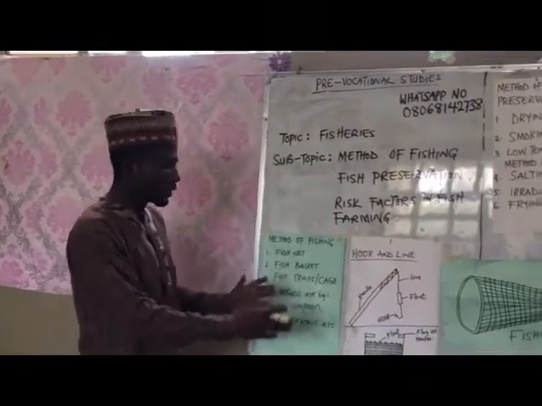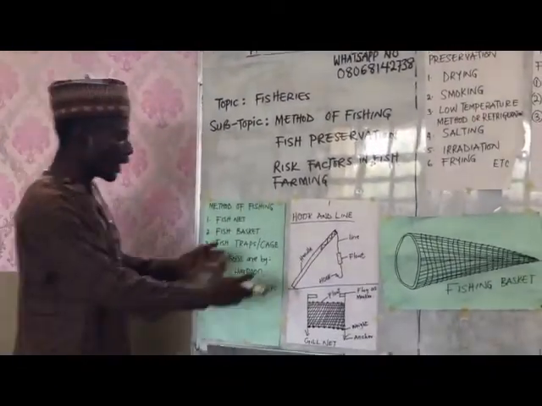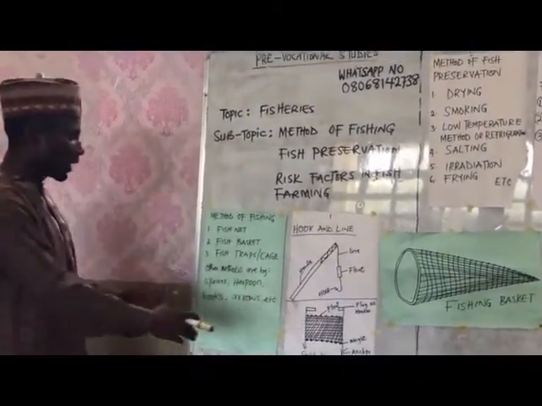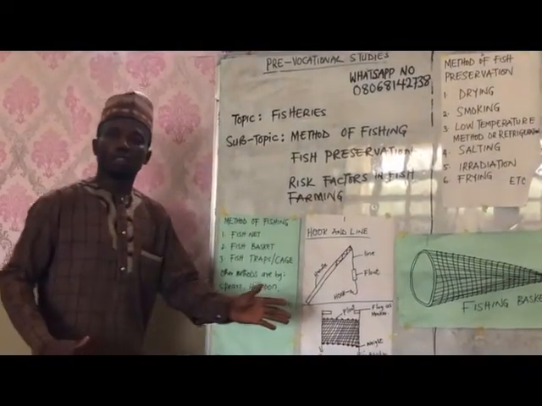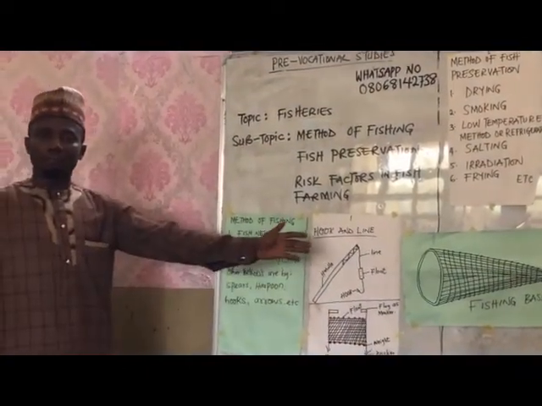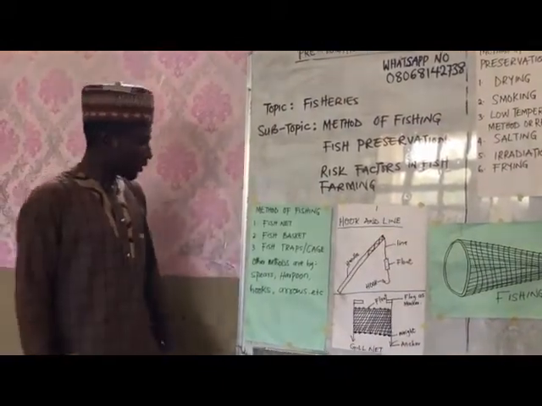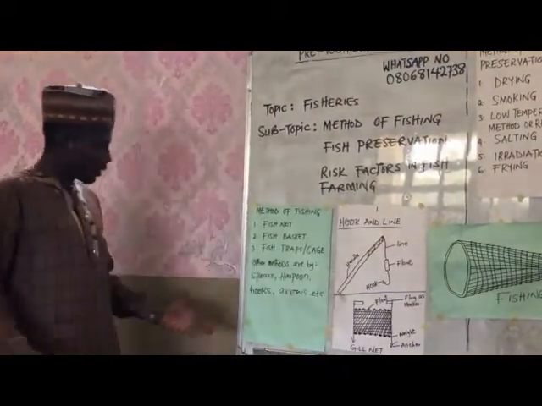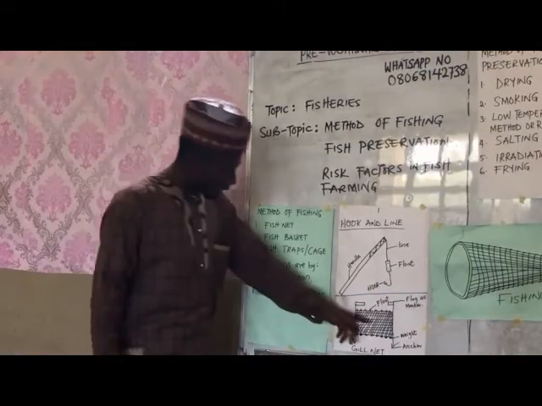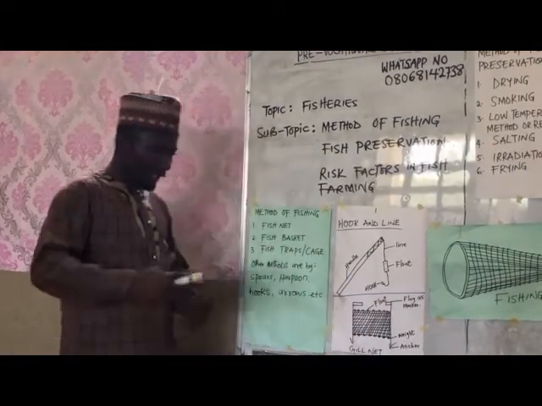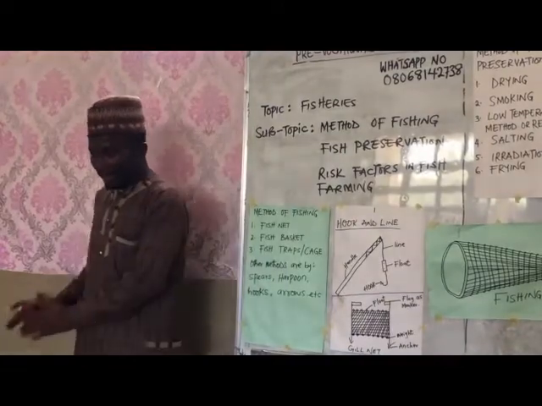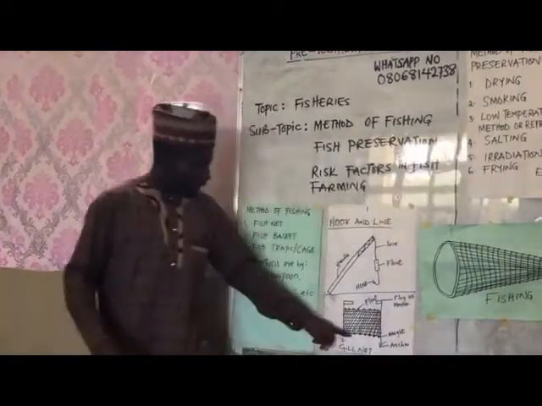The way you do this is to place this gill net across the river or across the water. When fish come in contact with the net, maybe as they are trying to move from point A to point B, the gill net is in between.